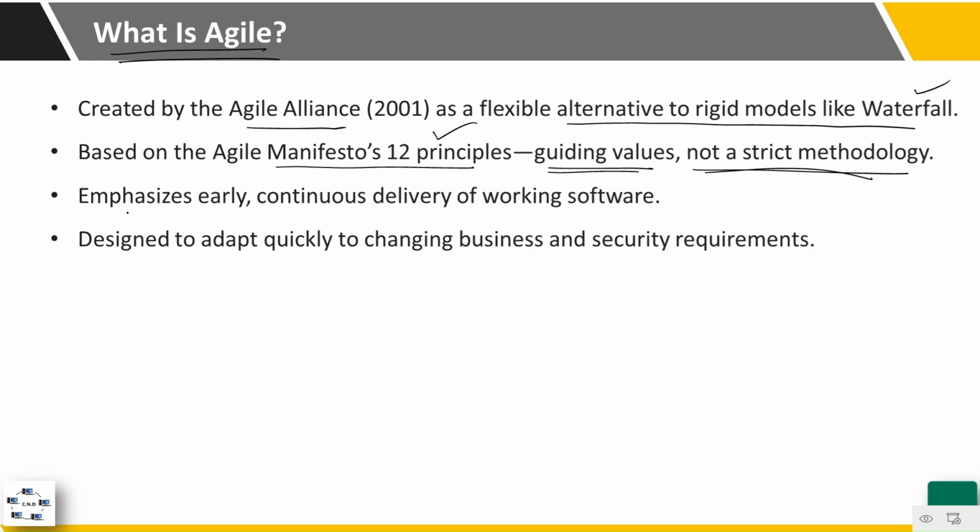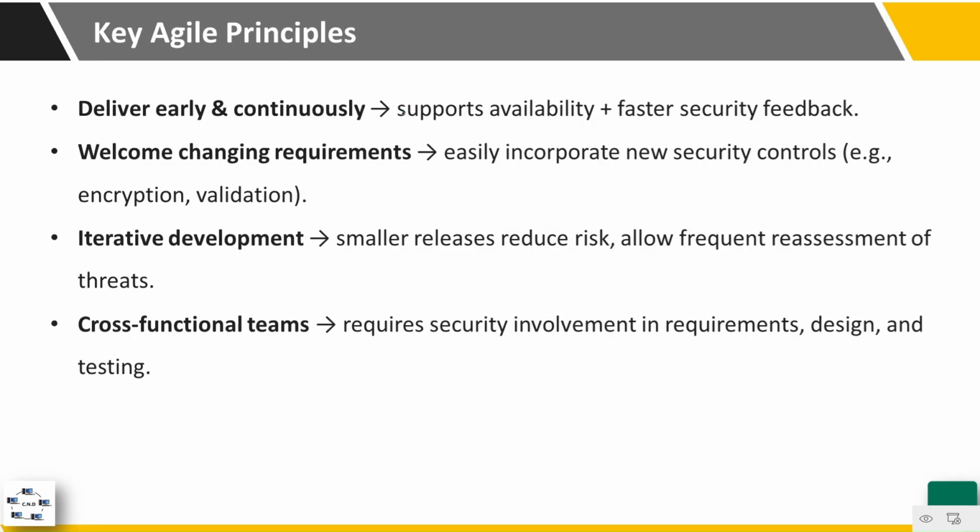Agile basically emphasizes early and continuous delivery of working software, and it is designed to adapt quickly to changing business and security requirements. So you can say it is exactly opposite to the waterfall model.